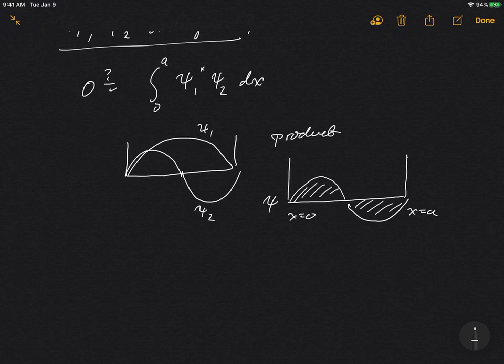And so then the lobes cancel. Graphically, we could say this looks like the integral is equal to 0.